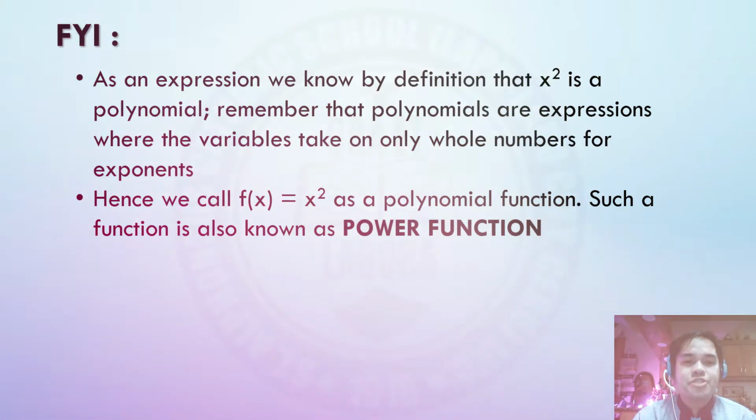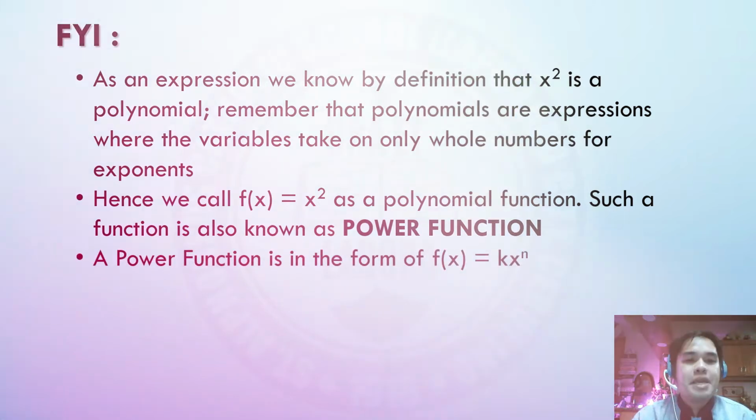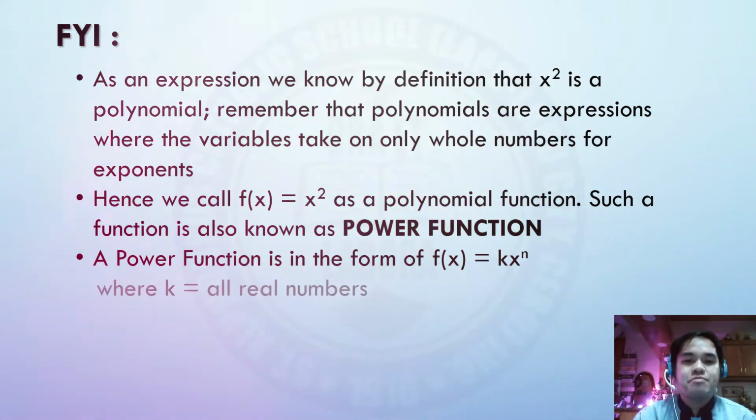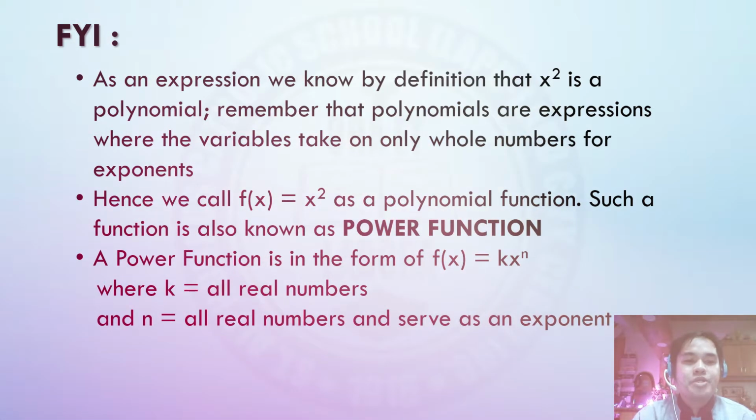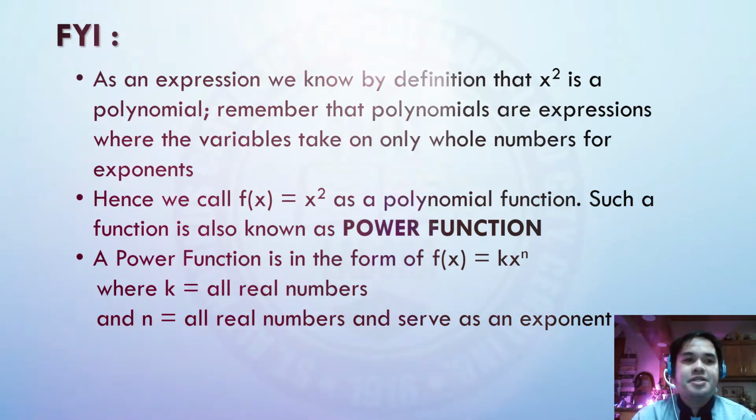Such a function is also known as a power function. A power function is in the form of f of x equals k x raised to n, where k is equal to all real numbers and n is equal to all real numbers and serves as an exponent.